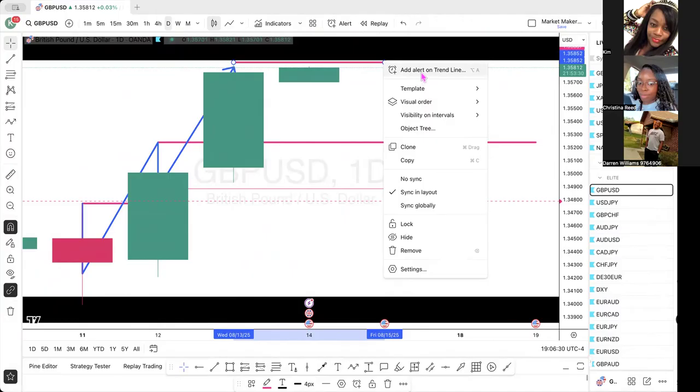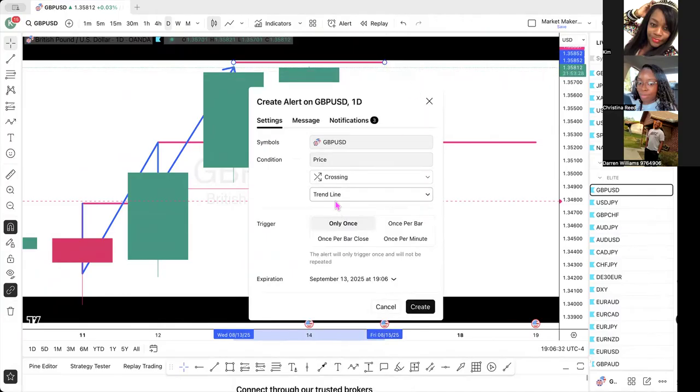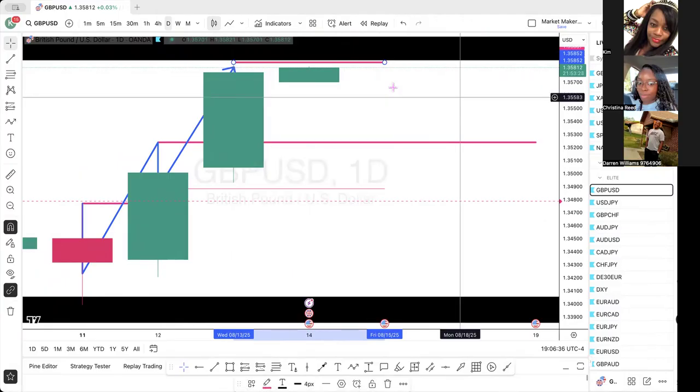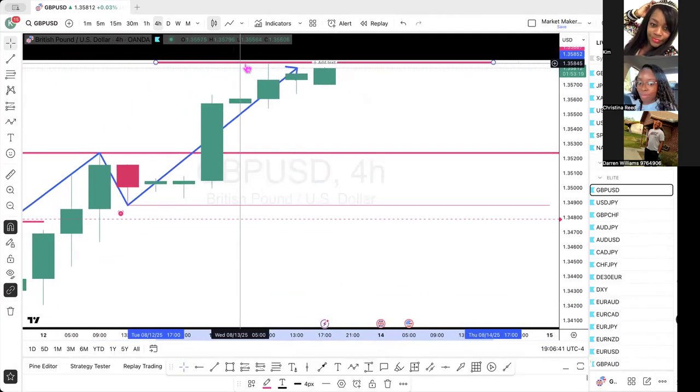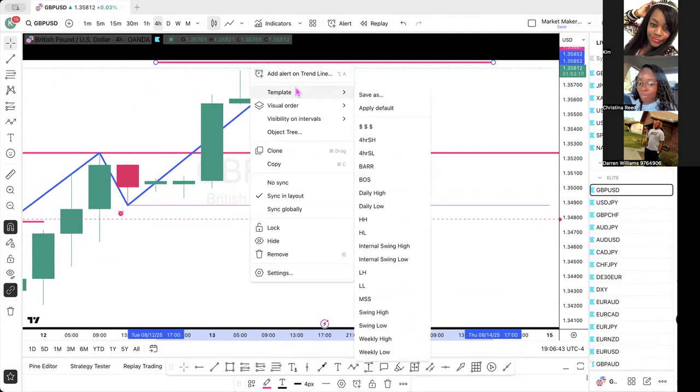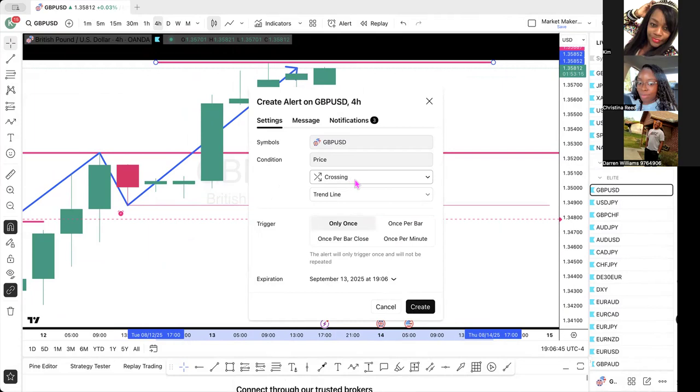Add alert. I don't want to do it on the daily. I'm going to do it on the 4 hour. So I want an alert set per bar close.